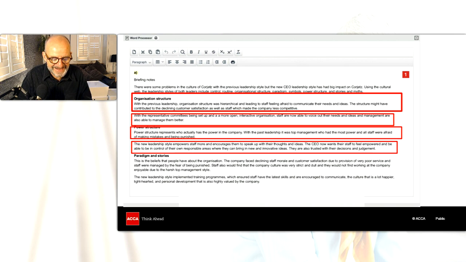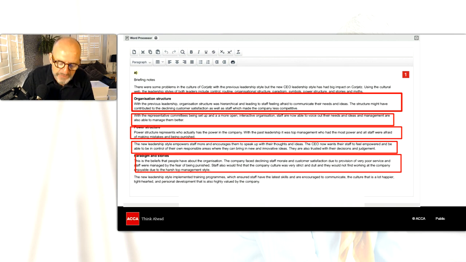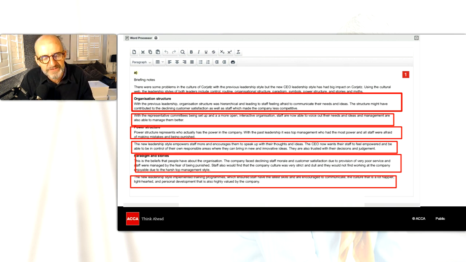Please make your answers look like this, as this is the best way to help the marker navigate your script and make sure they don't miss any of the points you're giving. So the first lesson is about layout, about mark focus. If you count the points made, you will see that they reflect the marks that are available. You'll see that they use a so what and a why. In your own time, go back and look at what I said earlier and compare it.